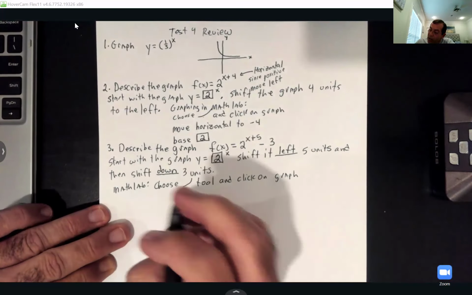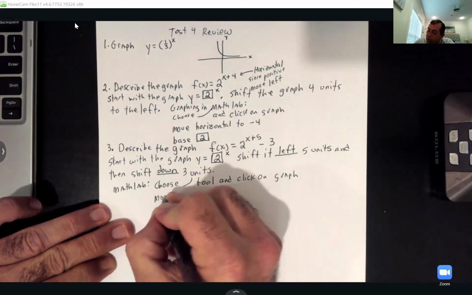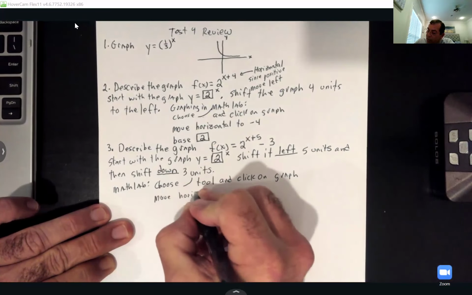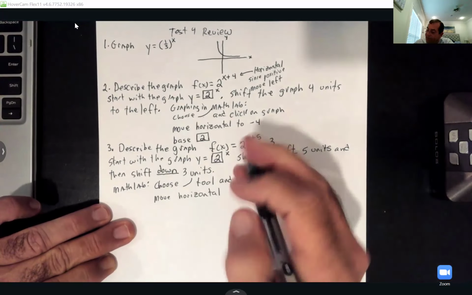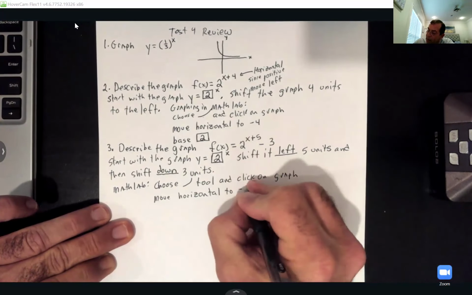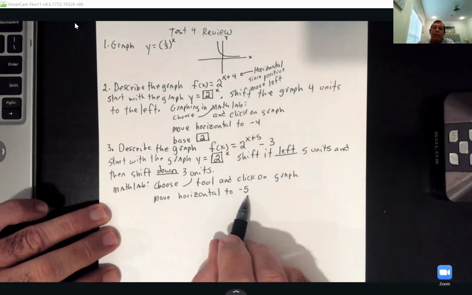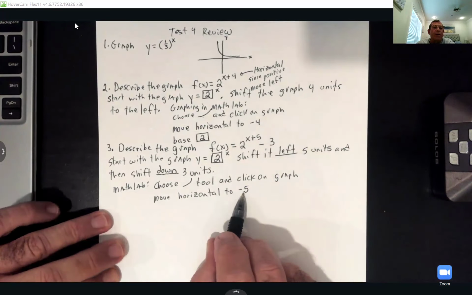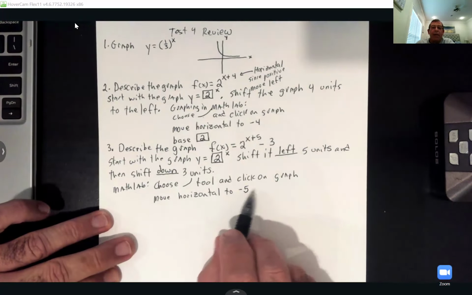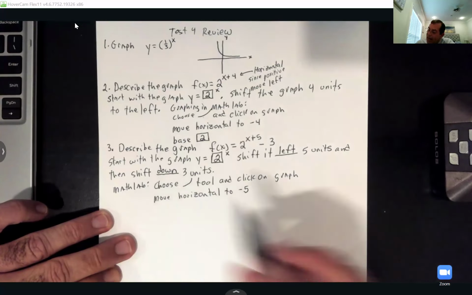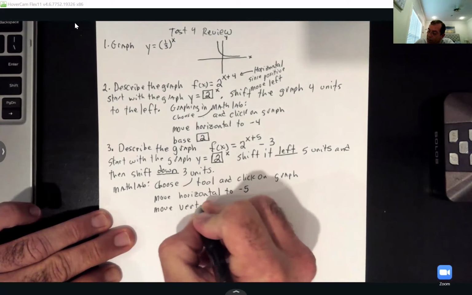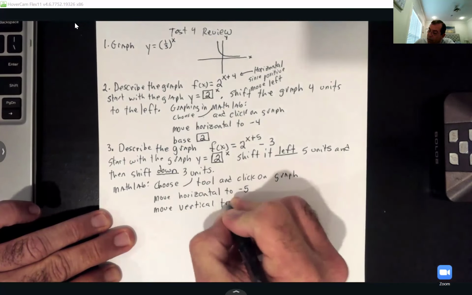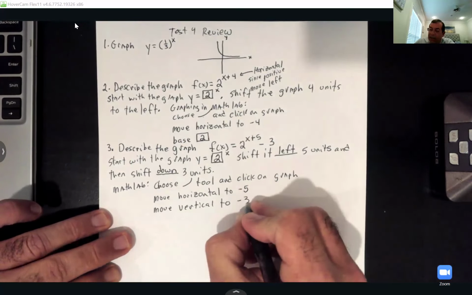So the horizontal, you're going to move horizontal to a -5. Because remember, -5 on that slider means you're moving left over to 5, okay? And then we went down, so then you're going to move the vertical to a -3 since it went down.